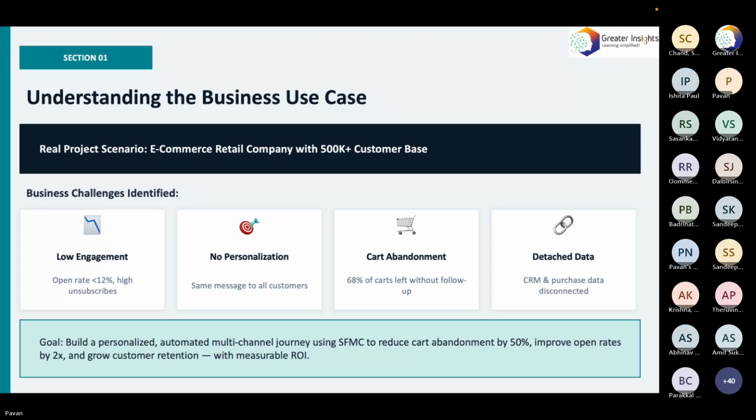Emails happened, right? That is still relevant even till today. Even though mobile is the primary device for most people, email is still the primary digital marketing channel. I'll come to that point as to why email is still important. So you have email as a channel, then you have SMS as a channel.